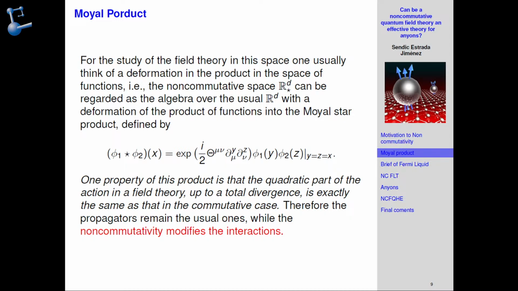This is the principal motivation. We have an additional phase term in the product of functions. One property of this product is that the quadratic part of the action in a field theory, up to a total divergence, is exactly the same as in the commutative case. Therefore, the propagator remains the usual one, while the non-commutativity modifies the interaction.